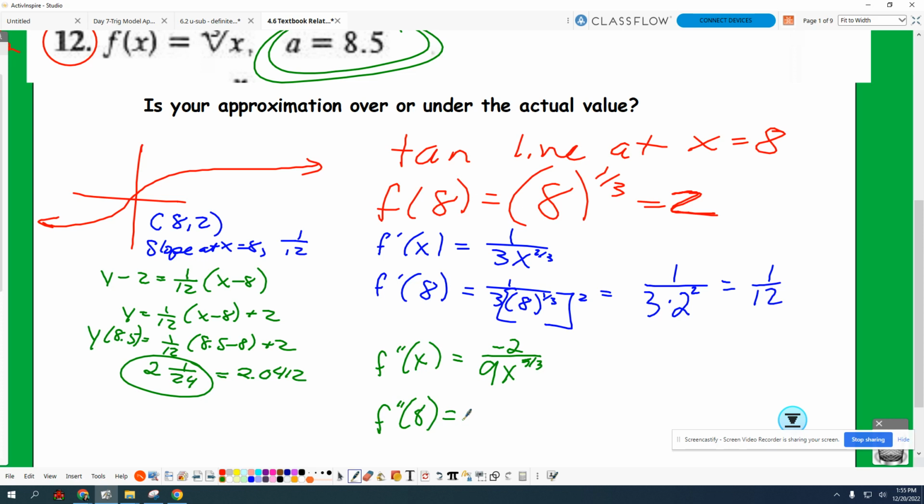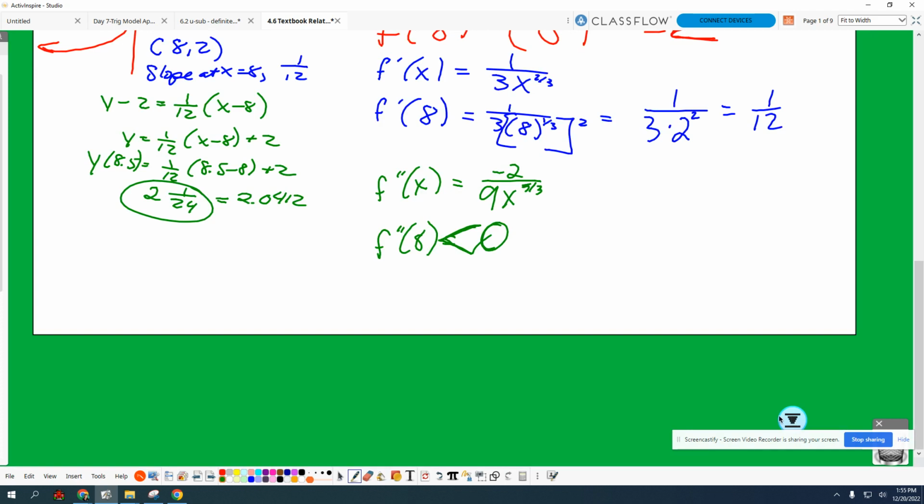When I plug in 8, something positive comes out of this bit, times the 9 it's still positive, but I've got a negative on top. So the second derivative is negative, so the function is concave down.